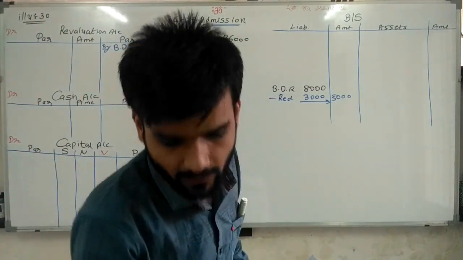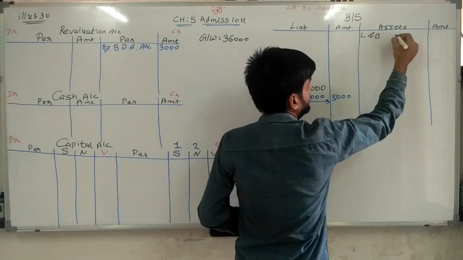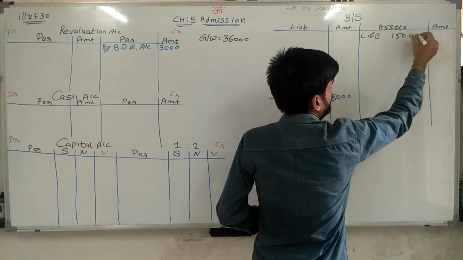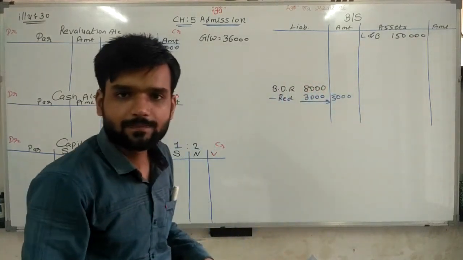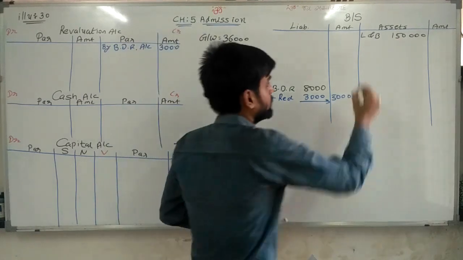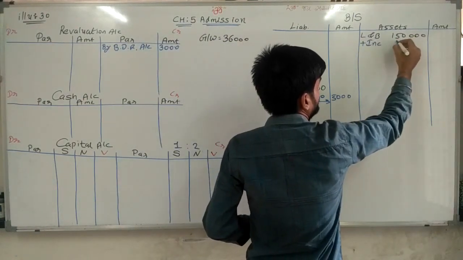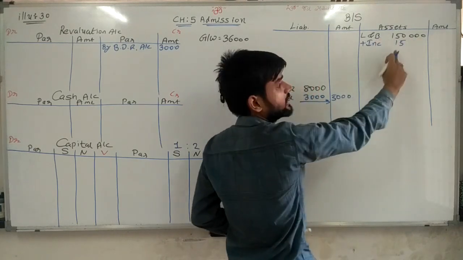So the value of land and building is increasing by 10%. Land and building is given as 1,50,000. So writing here land and building 1,50,000 rupees, and its value appreciated by 10%. So plus, increase, 10% of 1,50,000 is 15,000.